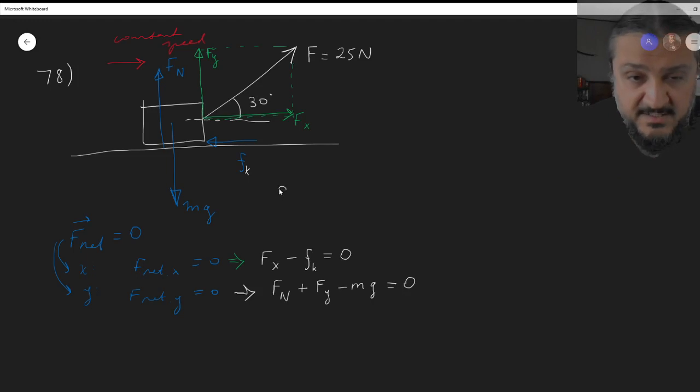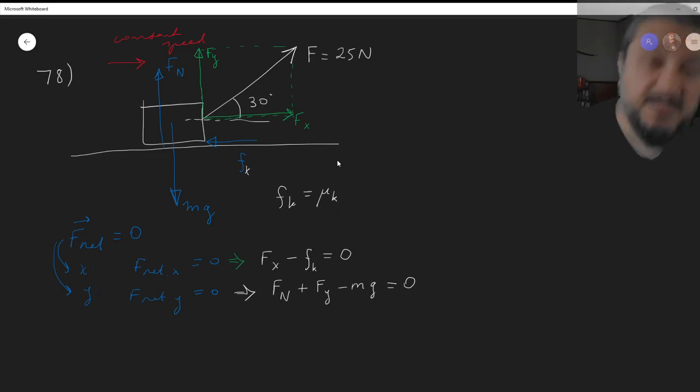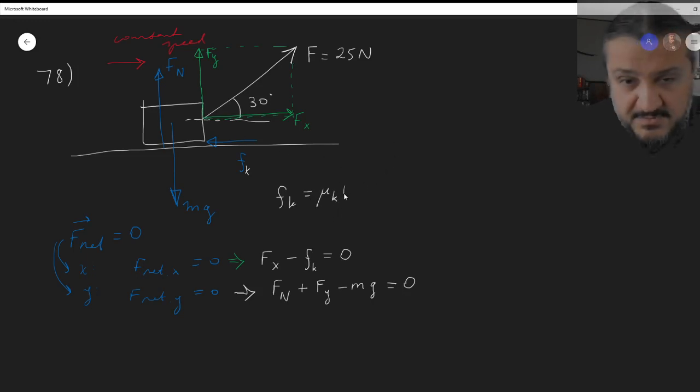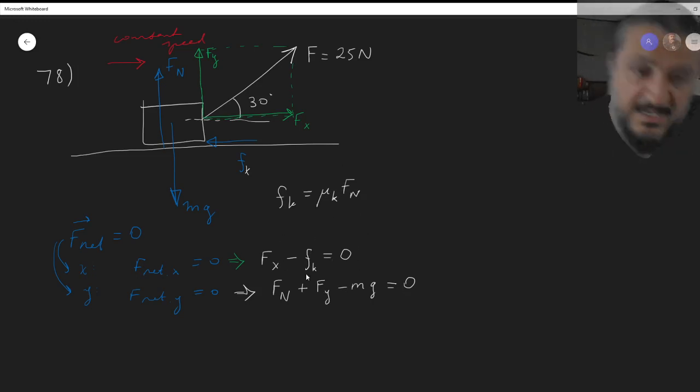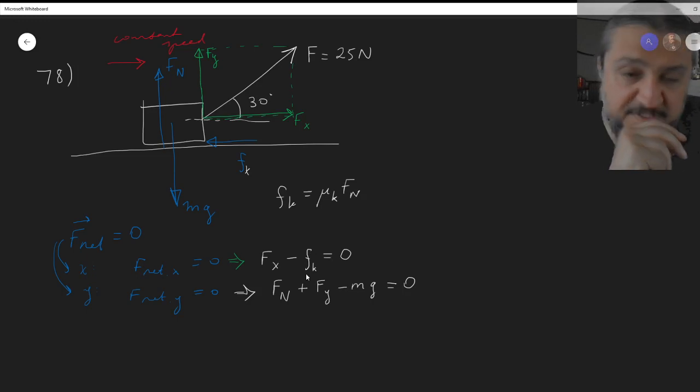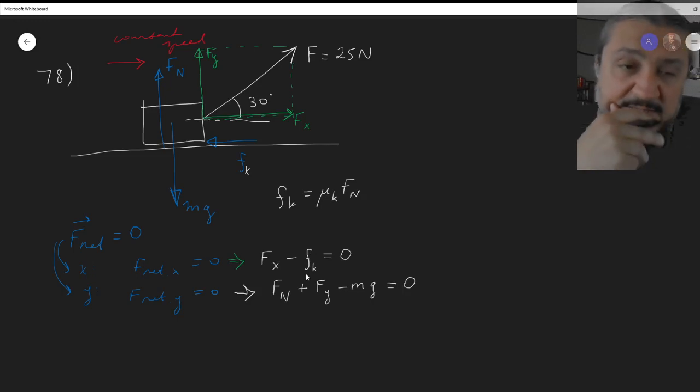This is the kinetic friction force. That will be equal to the kinetic coefficient of friction times the normal force. Alright, so that's how I relate. I have three equations which I need to solve for force of friction.